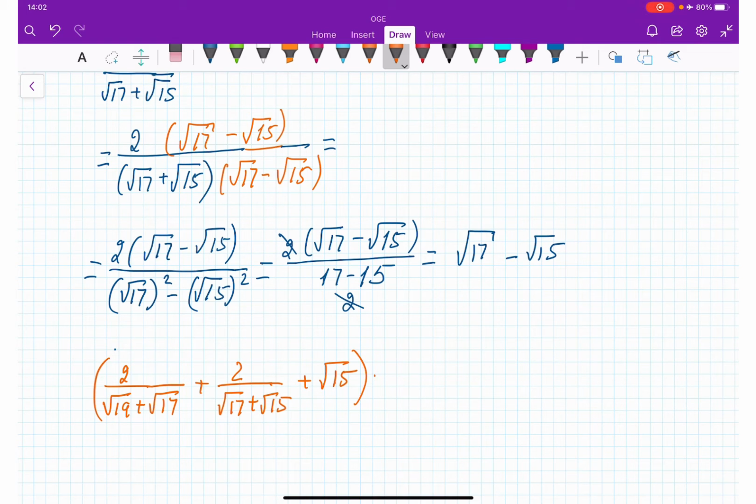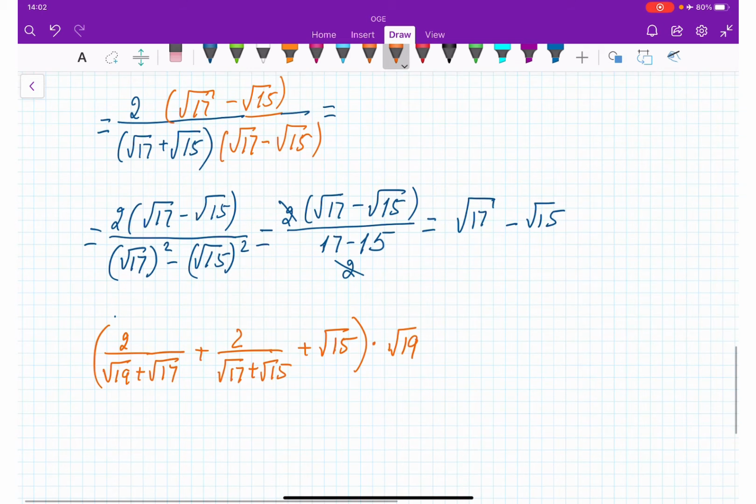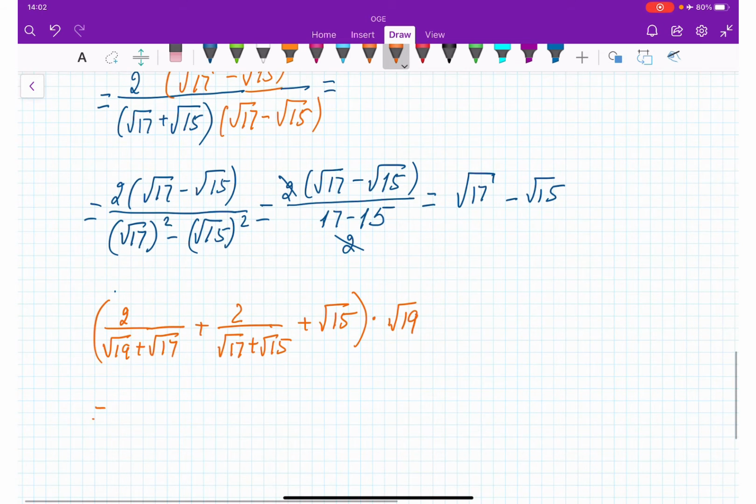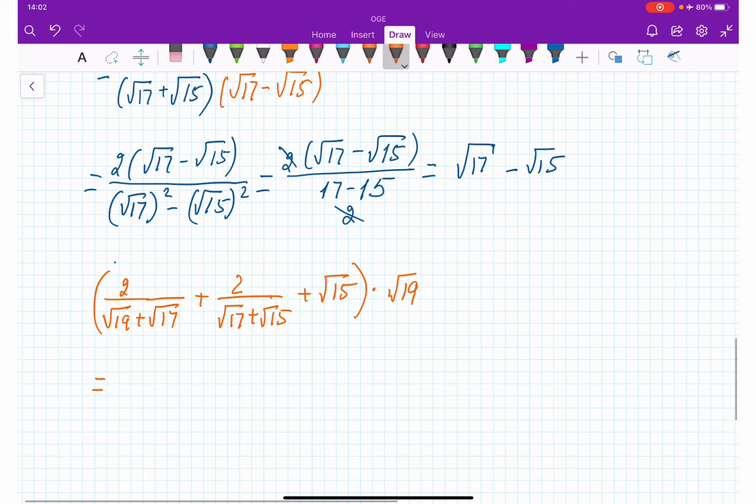All this multiplied by the square root of 19. First piece, we had the result square root 19 minus square root 17, right? That's the first one.